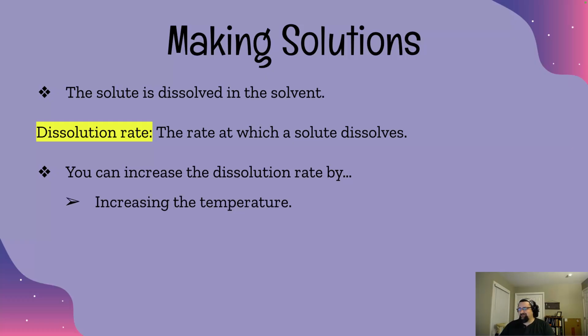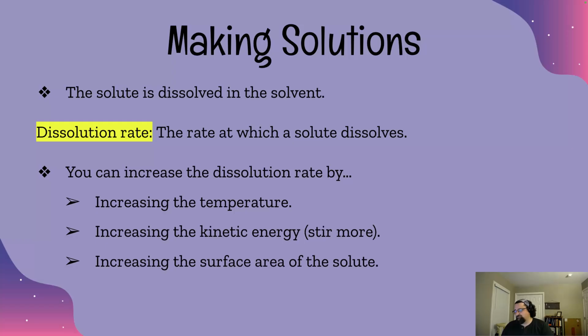The first thing is we can increase the temperature. If we have it hot, that sugar dissolves right into solution. It gives us no problem at all. We can increase the kinetic energy, which is stir more, which I'm sure all of us have tried. We're stirring and stirring, we're adding energy into that solution.